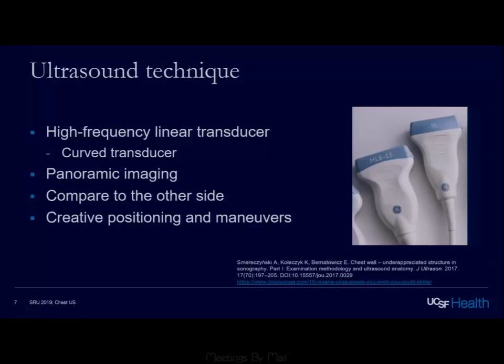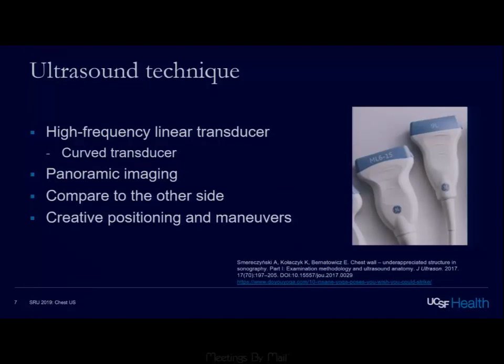As with any ultrasound, the technique should be specific to the case at hand. For chest wall pathology in particular, the structures tend to be very superficial, so we frequently image with high-frequency linear transducers. If we're looking to evaluate structures that are deeper in the chest, maybe in the intrathoracic cavities, we may elect to use a curved transducer.